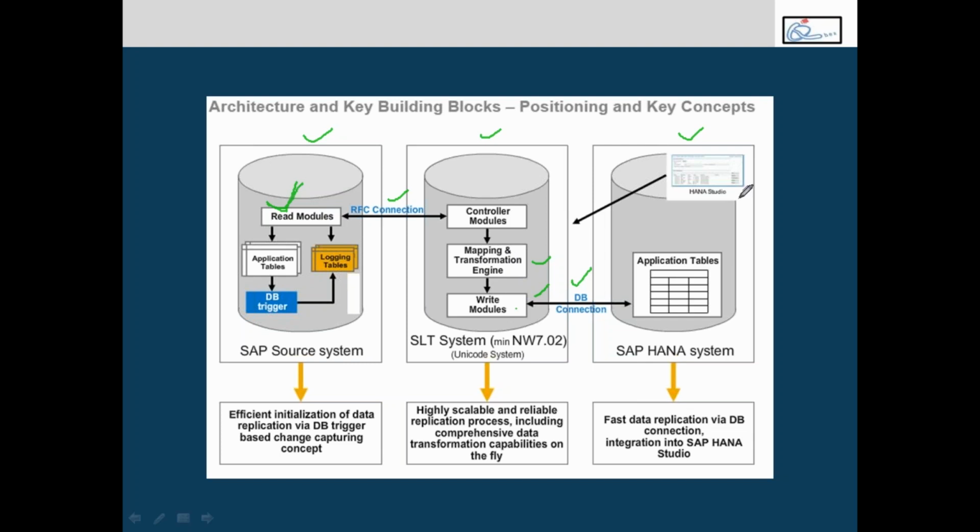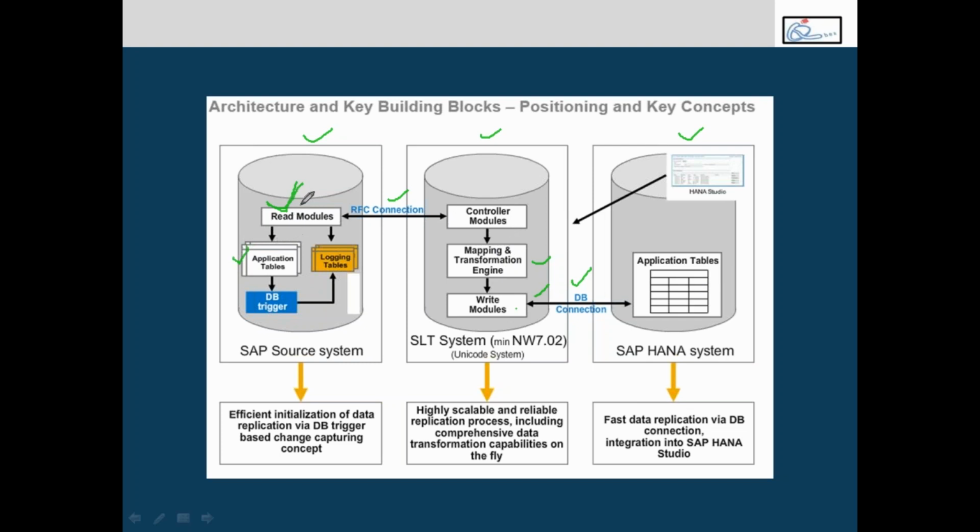Now the concept is, let's say you select some table and say replicate. This application table is the actual database table, and let's say it has 100 records. Your read module will read all the 100 records first and then push them to SLT. With the help of mapping and writing, it writes those 100 records back to the HANA database.